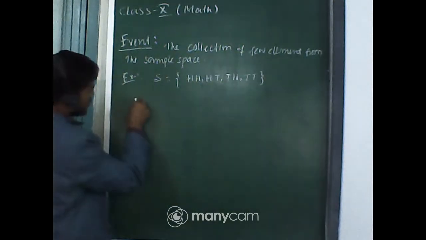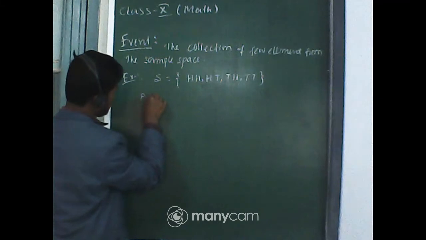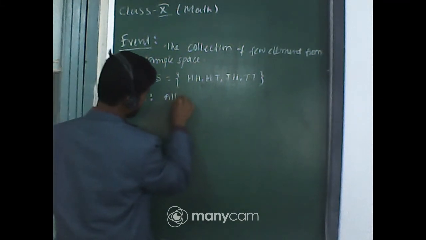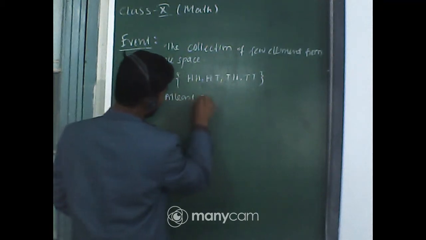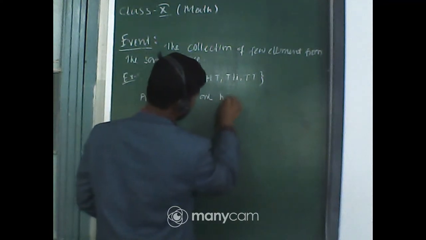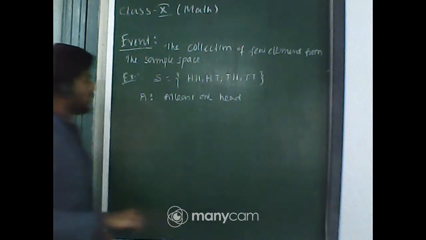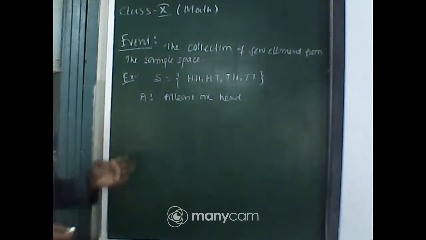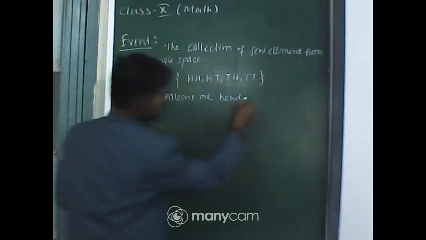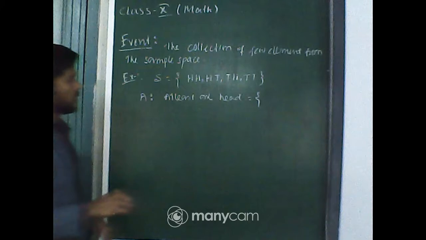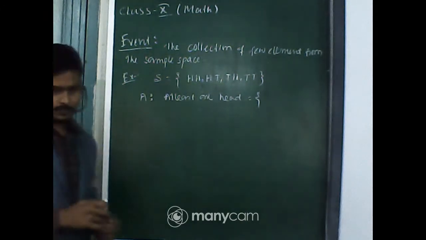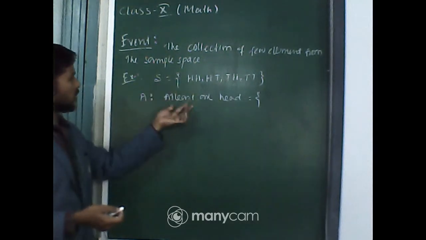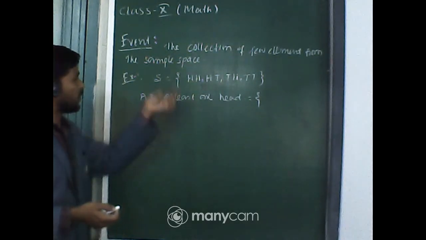Now if I consider an event A, which means at least one head appears. So what will be the event in that case? No, I am not talking about the probability. I just want to calculate the event.